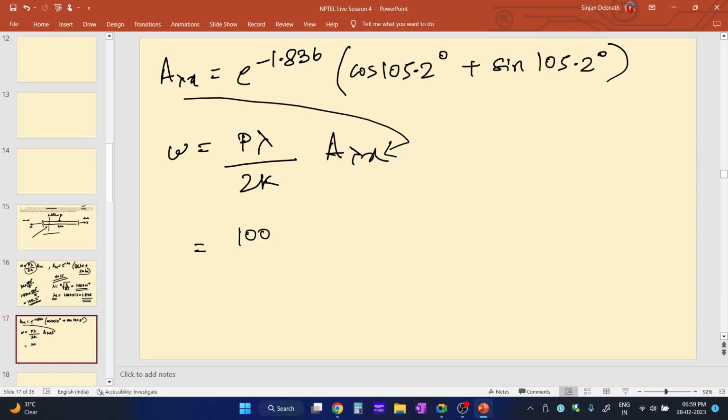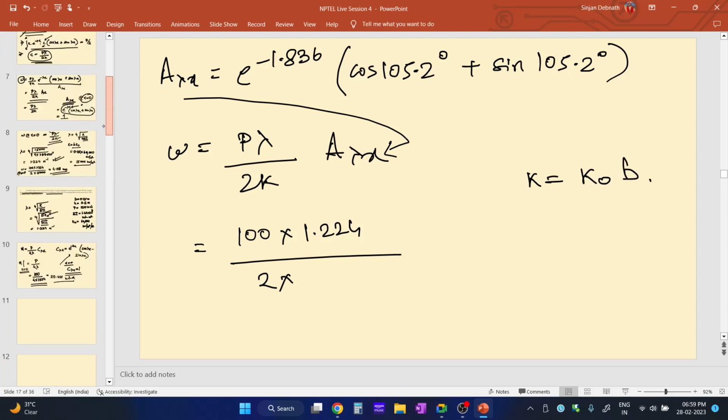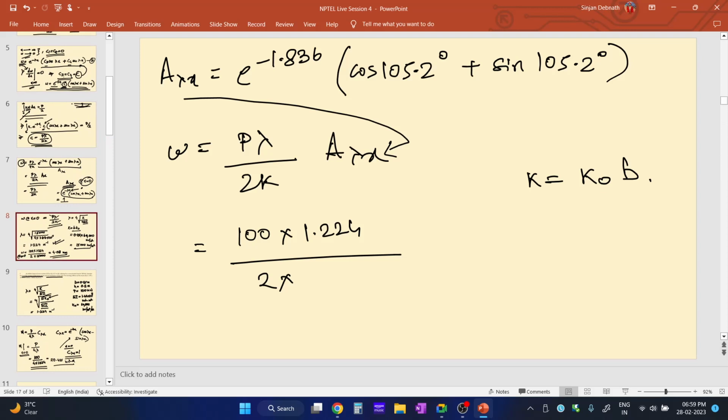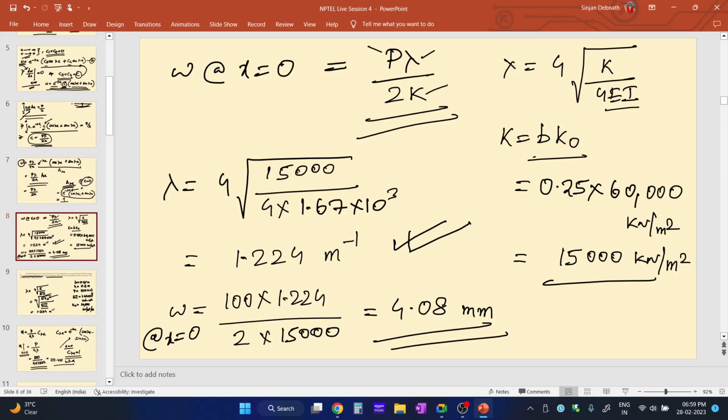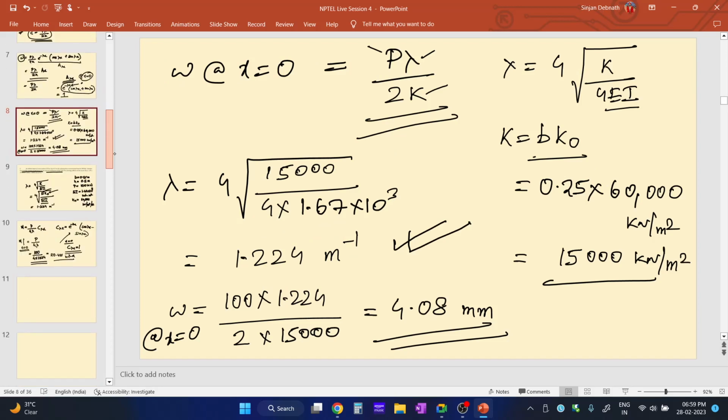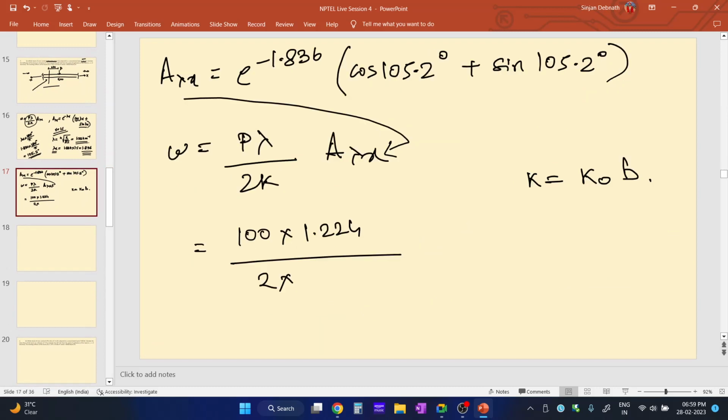Lambda is 1.224 by 2 into k. What is k? k is equal to subgrade modulus into breadth. Breadth is the same as in the previous question, and the subgrade modulus is 60,000, so k is 15,000.